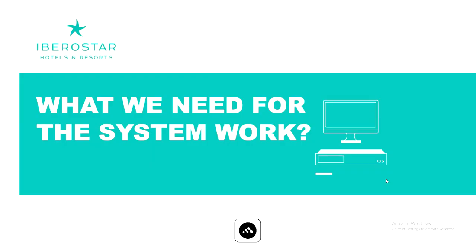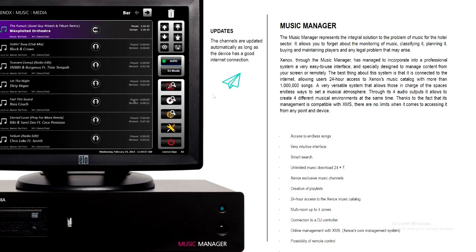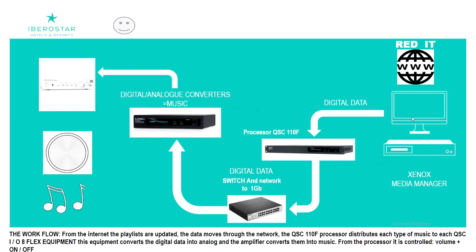Well, in this case, we're going to explain what we need in order for the system to work, right? This one is very simple, or I'm going to try to explain it simply. We have here the system that I was showing you.